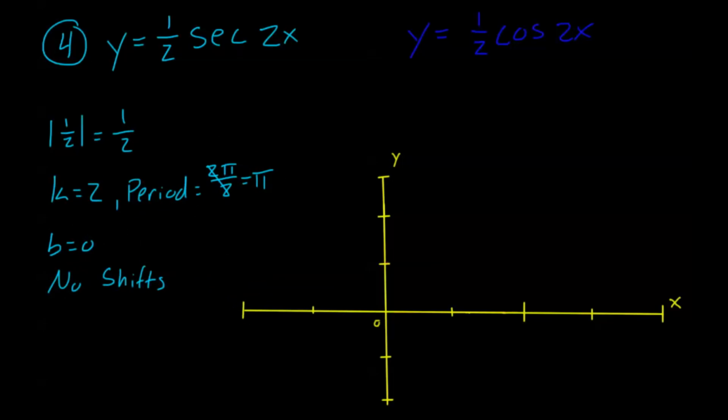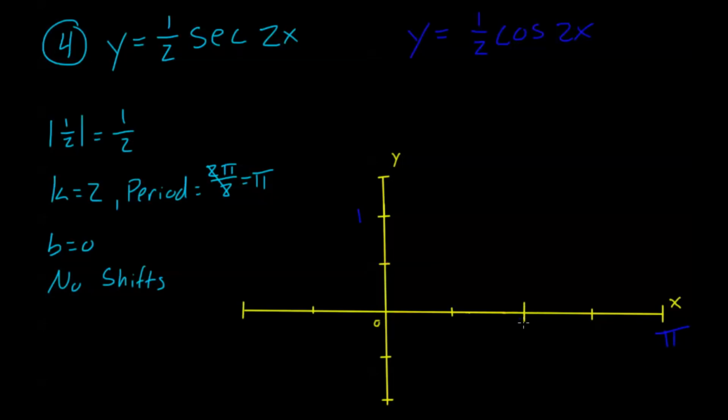Okay. So that being said, now we can use this as a tool. I'm going to graph this function, y equals 1/2 cosine of 2x. And we already found the amplitude, the period, and the shifts, right? We're already done with that part. So let's call this 1 right here. I want 1/2 to be easy to see. I have that my period is pi, so let's just call this pi here, give us some room to work with.